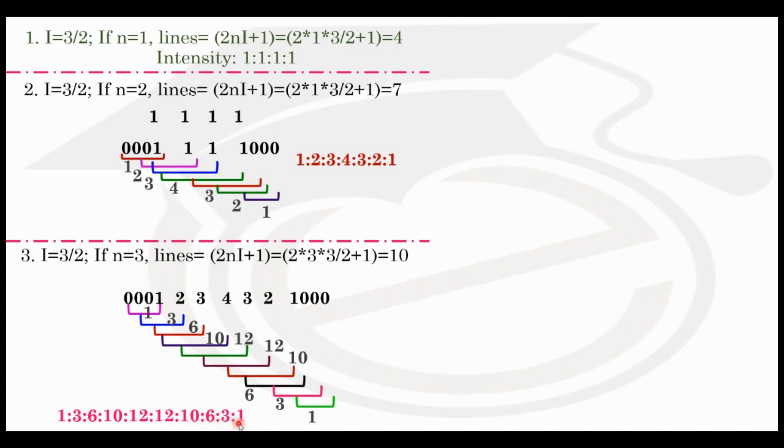Here also you can see one mirror plane: 1, 3, 6, 10, 12. First 5 lines you have to find, the rest you write as a mirror image. I think it is clear. It's not that difficult, but you just need some practice on this.